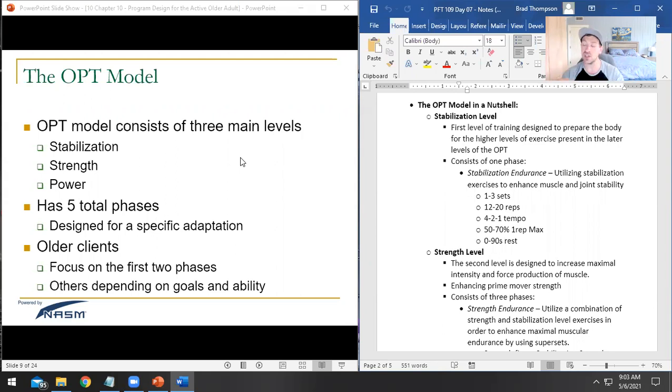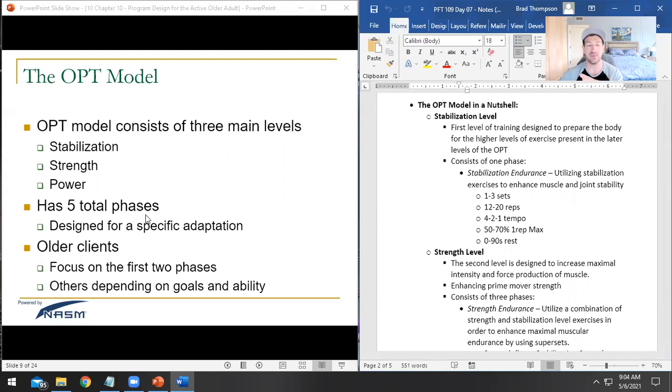But the repetitions that we choose are determined by the phases. So whether I do 6 to 12 repetitions, or 8 to 12, or 12 to 20, that's determined by the phase of training I'm in. And that's what we haven't really spent too much time on just yet, right?